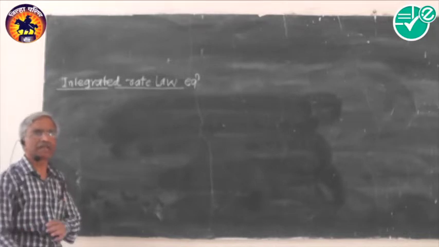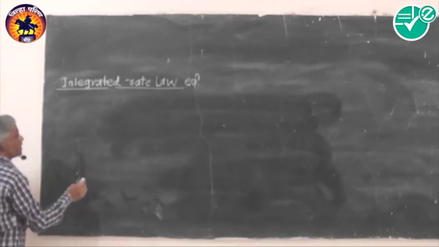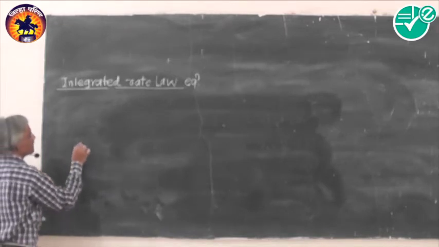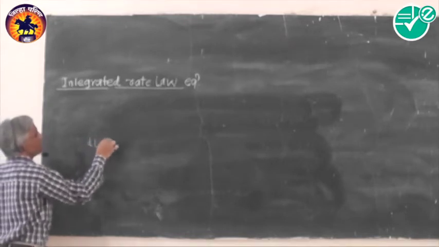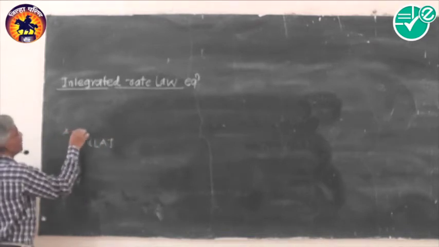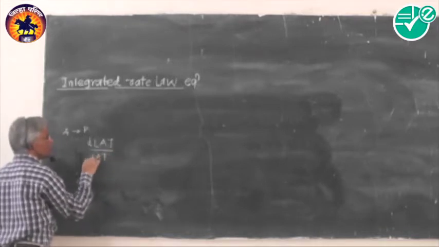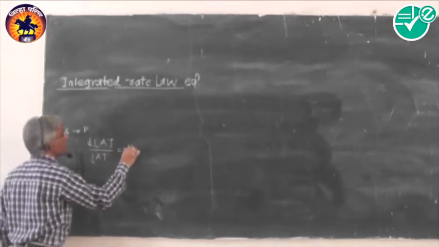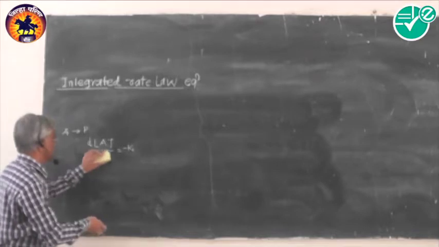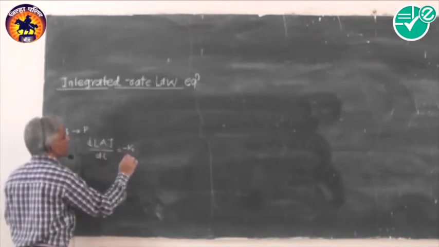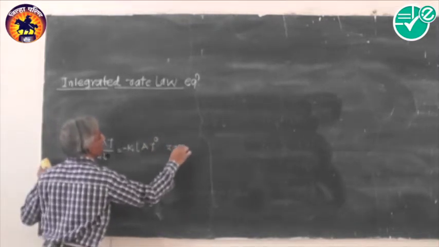The differential rate law equations we are also having. For example, I will write it here. For zeroth order reaction, we can write the rate, that means the change in concentration of the reactant A, if the reaction is A to product: differentiation of A with respect to t is equal to minus k A raised to 0 for zero order reaction.